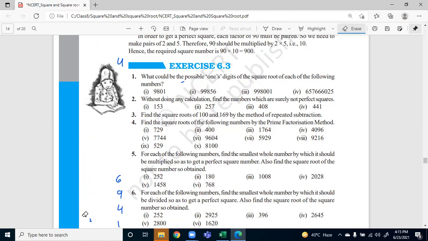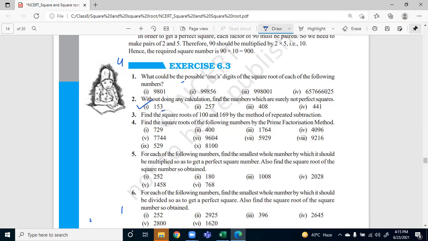Ma'am, I disagree. It should be 1, 2, and 3 that are not perfect squares. The fourth one is a perfect square. You are correct. A number ending with 2, 3, 7, 8 or an odd number of zeros is not a perfect square.